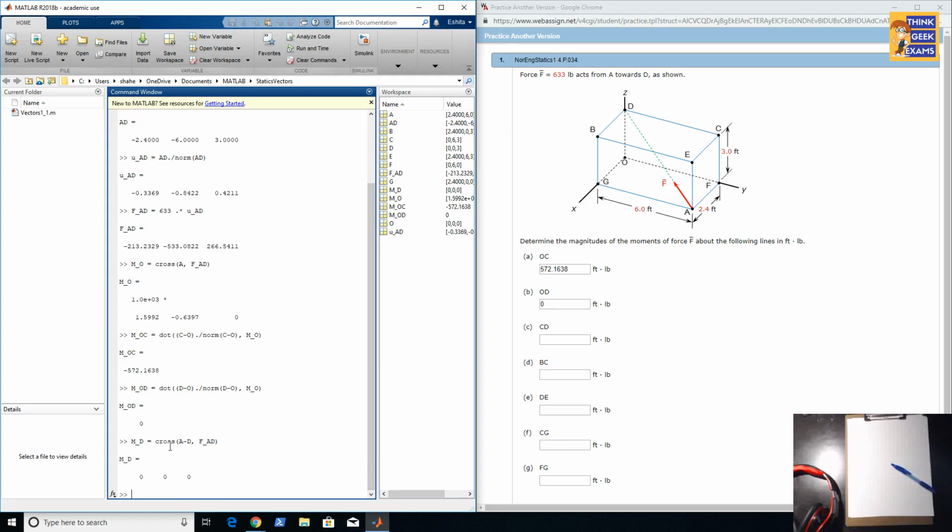So we don't need to go any further, since the dot product with a 0 vector is going to be 0, but let's do that.